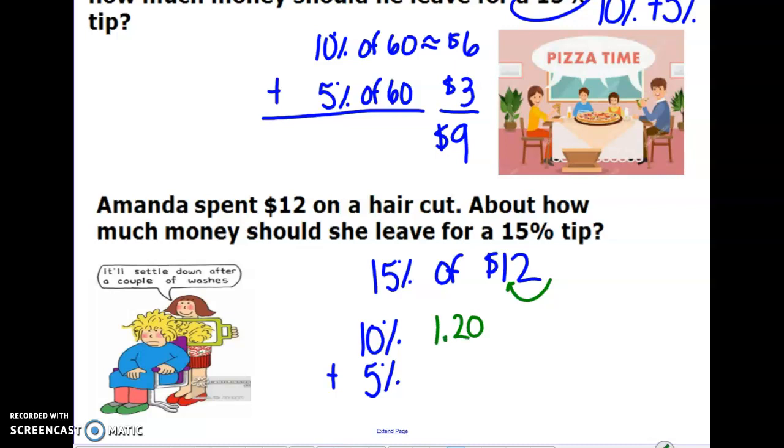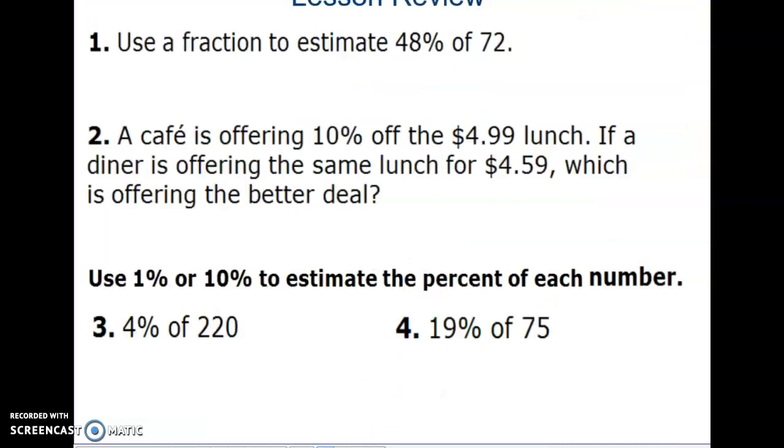If 10% is $1.20, half of that would be 5%, so half of $1.20 would be 60 cents. So in this case, this is kind of an old slide, the tip would only be about $1.80.